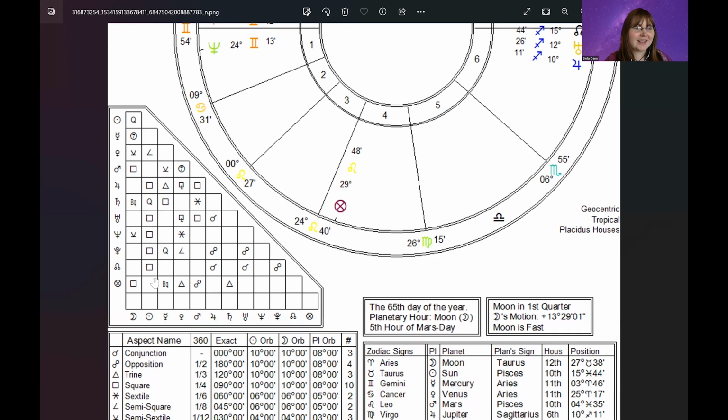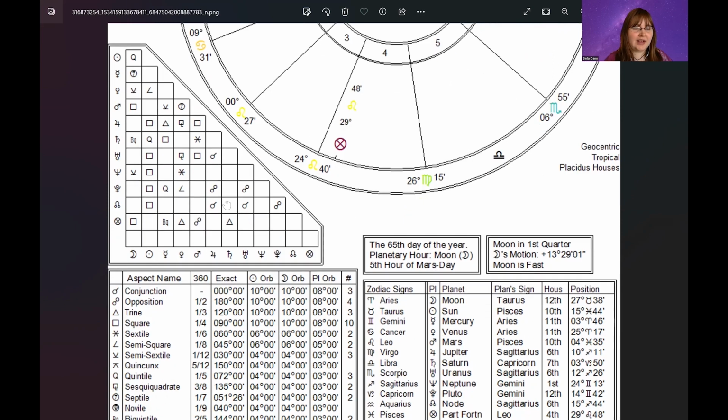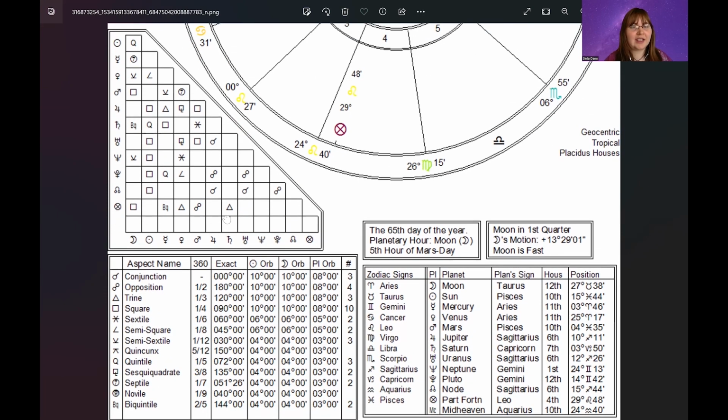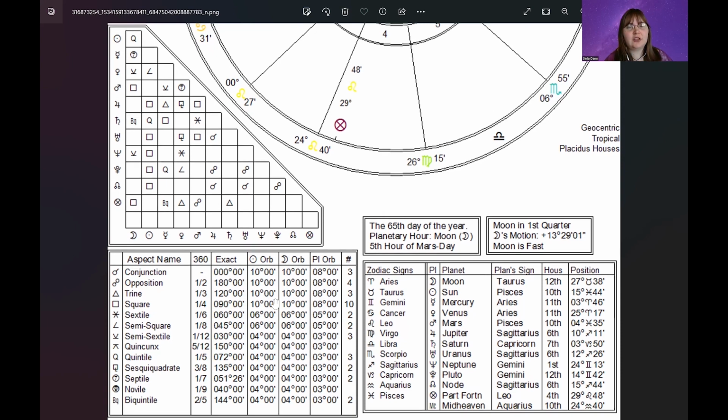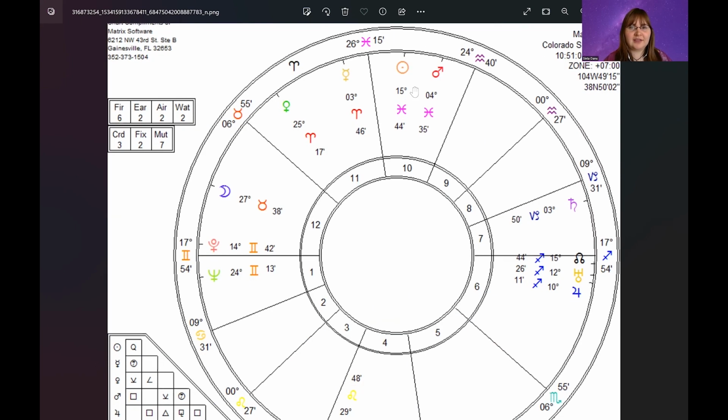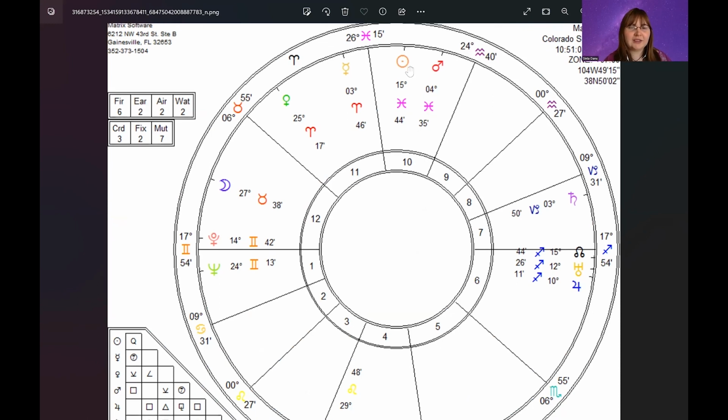See, these are squares, 5 squares to this sun. And unfortunately, it doesn't show any aspects to the ascendant, which is unfortunate because there are aspects to the ascendant because we were looking at it. So if you want to look at some of these in the chart, let's see what actual aspects are occurring here. So we have the sun, which is square quite a few different things.